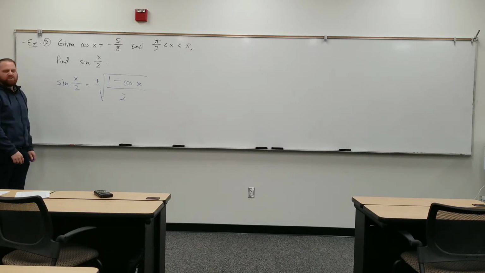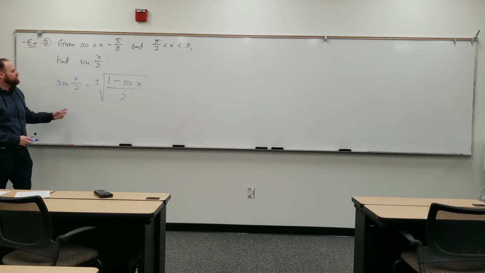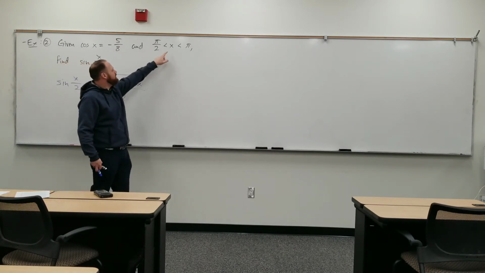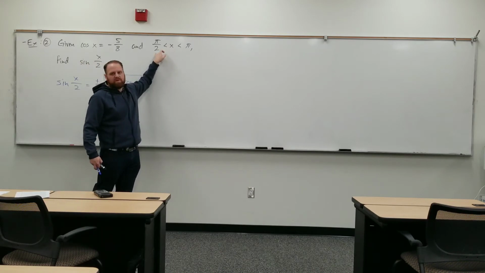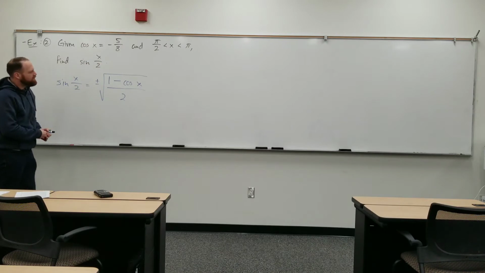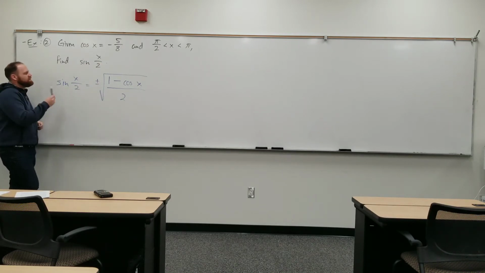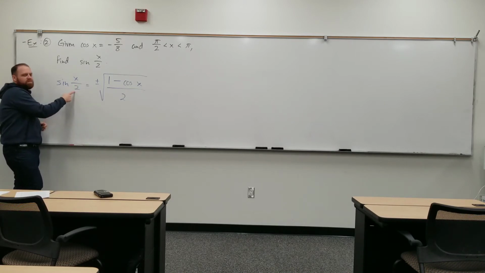The only tricky thing is we have to figure out what sign sine should have. If x is between pi over 2 and pi, then x is in quadrant 2. If x is in quadrant 2, then x divided by 2 should put us back in quadrant 1.